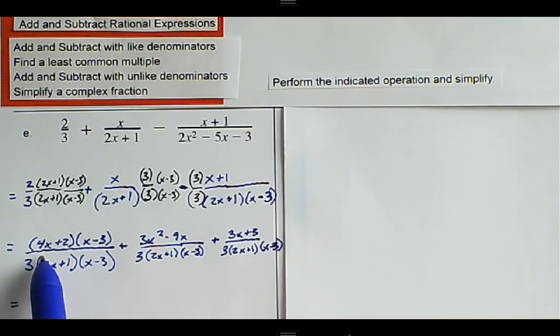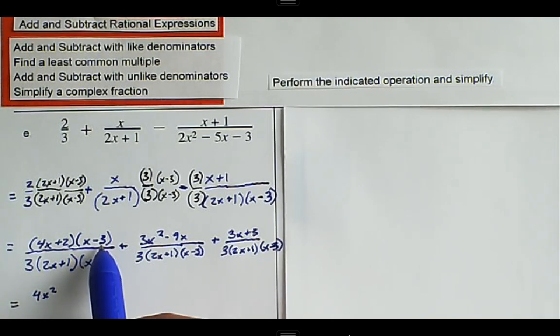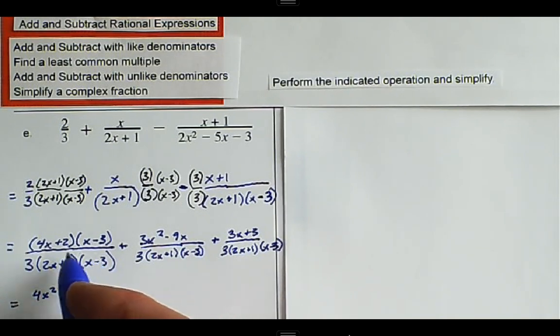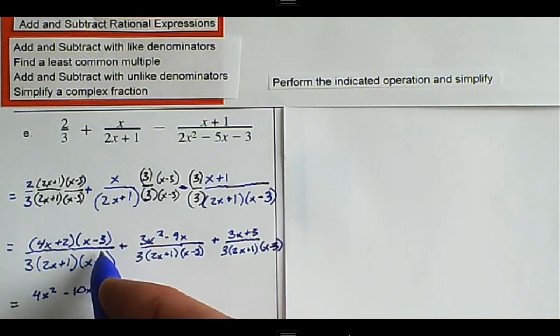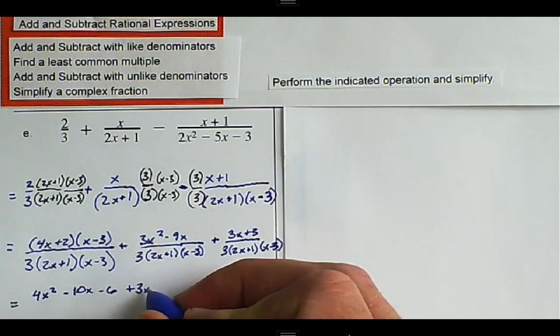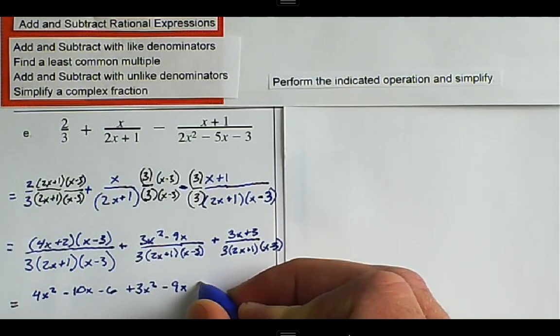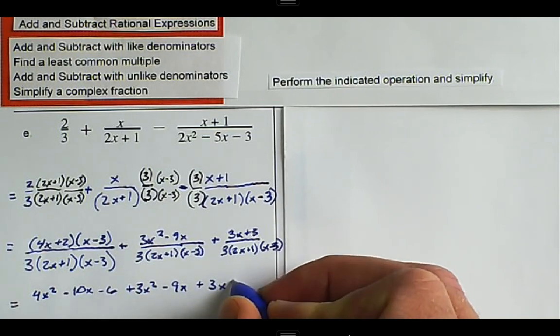And so 4x times x is 4x squared, and 2 times x is 2x, and 4x times negative 3 is negative 12x, so that becomes negative 10x. And 2 times negative 3 is negative 6, plus 3x squared minus 9x plus 3x plus 3.